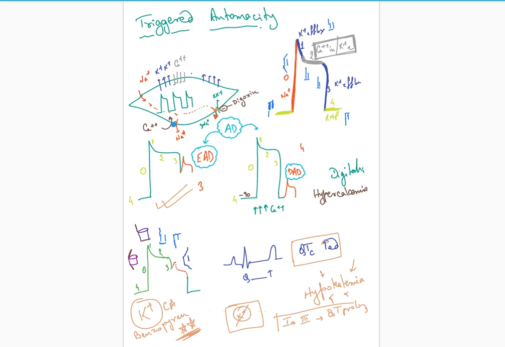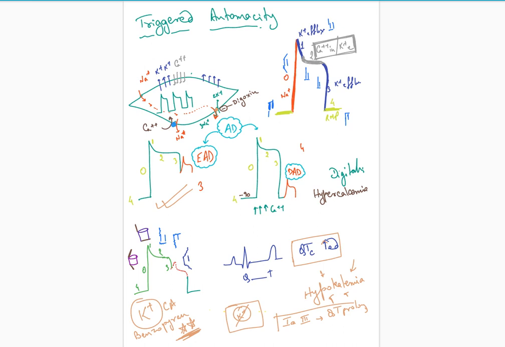If the sodium calcium exchanger pump is very active, the cell will gain zero calcium, more calcium, or less calcium? More calcium.